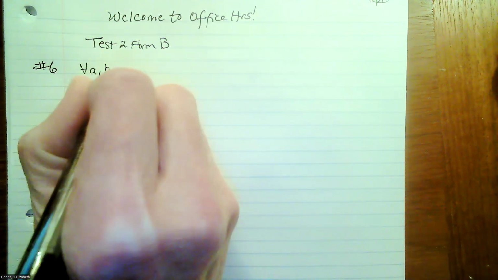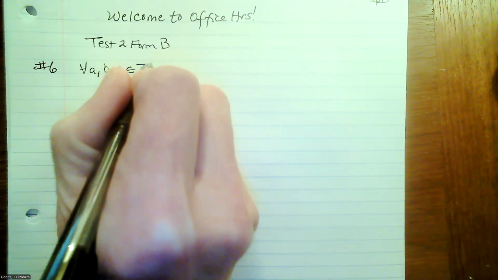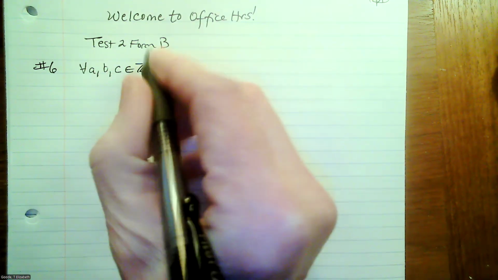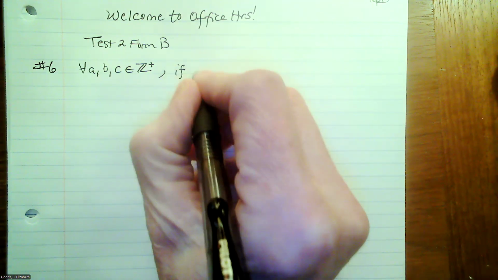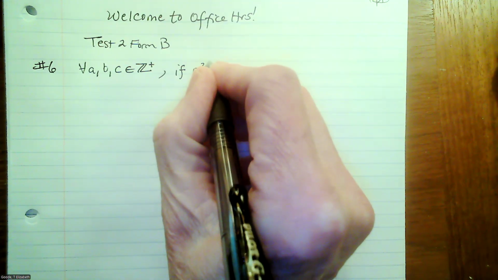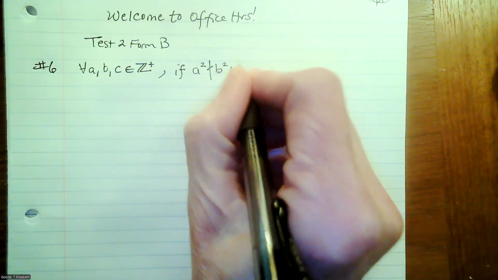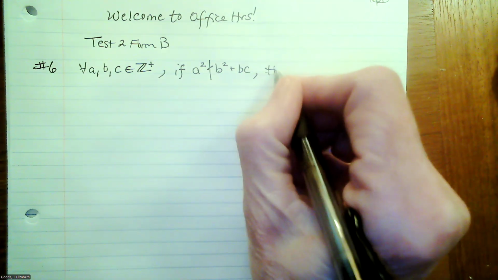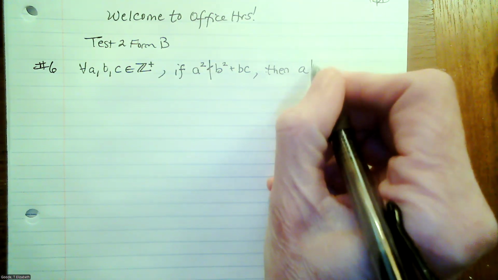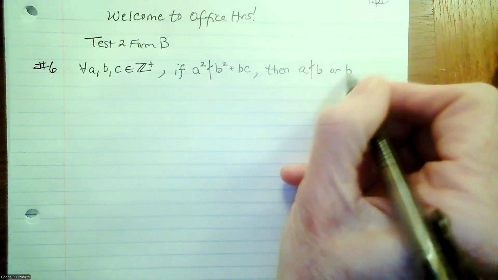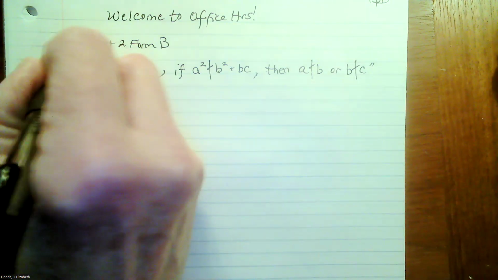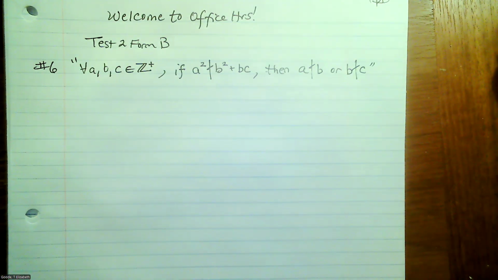I think you're looking at problem number 6, test 2, form B. Problem number 6 goes something like this. For all A, B, and C in Z plus, because I didn't want to have to deal with not zero, but even if it is zero, it would be a false hypothesis and we don't have to worry about it. If A squared does not divide B squared plus BC, then A does not divide B or B does not divide C. Now, we actually looked at this problem.